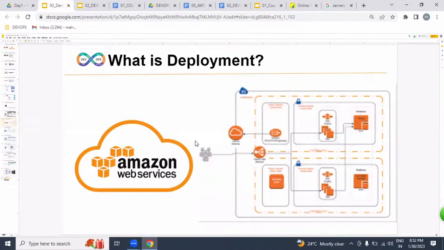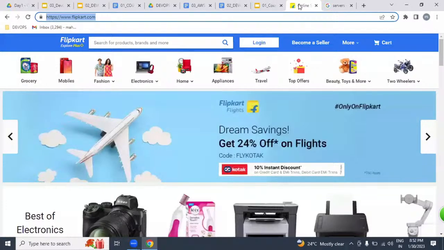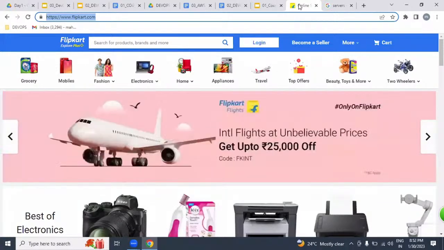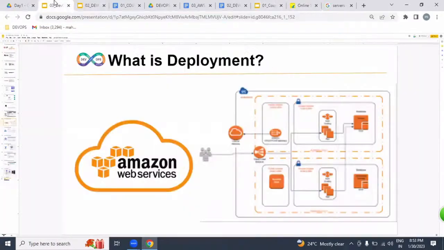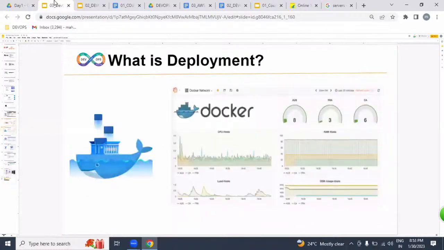For example, listen very carefully. So we have 3 servers. These 3 servers are Flipkart servers.